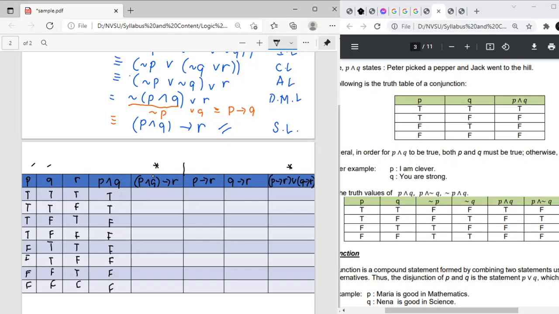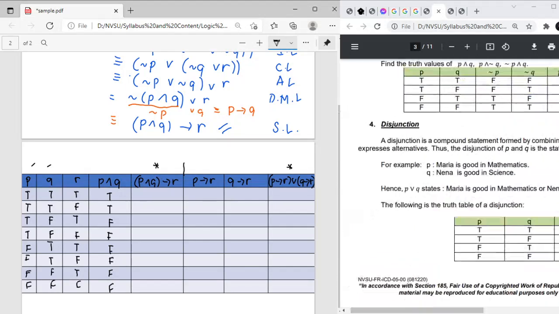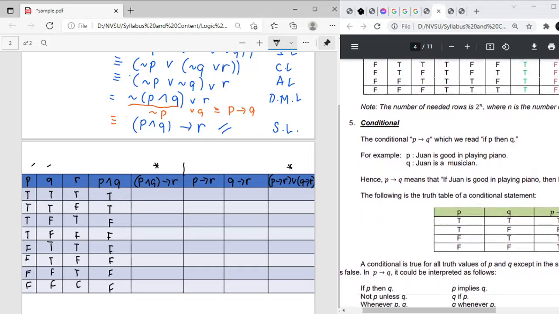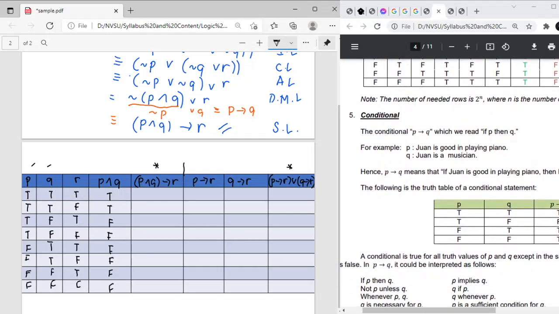Next, implication. Kapag implication naman, dapat, ayan, balikan natin, or we have conditional, false lang kapag yung premise is true and the conclusion is false. So, ang titignan natin is, ito yung magiging premise natin that is on the fourth column and our conclusion which is R. So, dapat false lang kapag true yan and then false ito. So, we have true, true, ibig sabihin that is true.